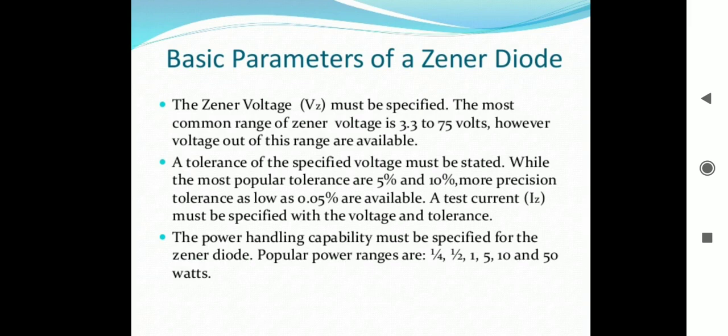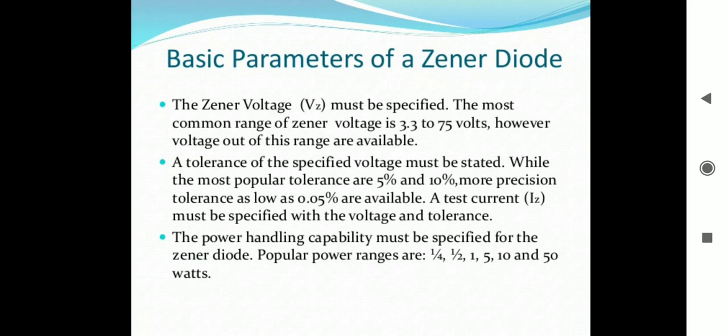In a very short time, a large number of free minority electrons and holes will be available for conduction, and the carrier multiplication process becomes self-sustained. This self-sustained multiplication is called the avalanche effect. A large reverse current starts flowing through the Zener diode, and the avalanche breakdown is said to have occurred.